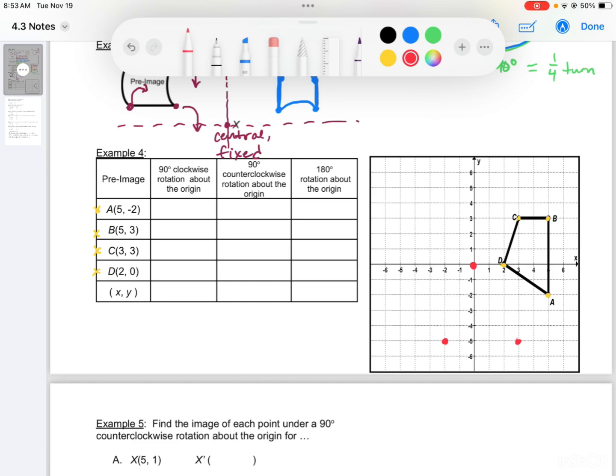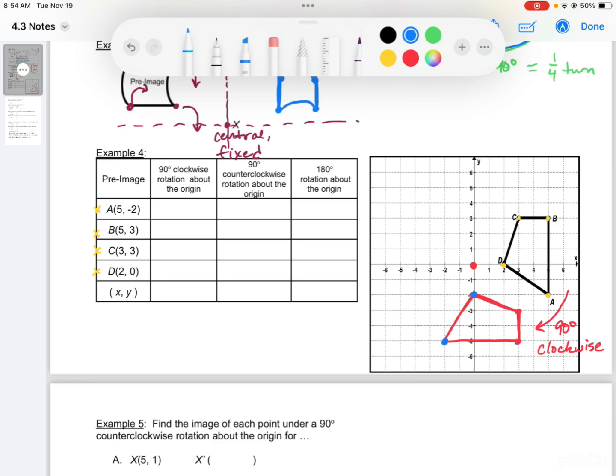Then, if I took point C and rotated it around, it would be here. And if I took point D and rotated it around, it would be here. So if I trace this out, the red image is the original rotated 90 degrees clockwise.